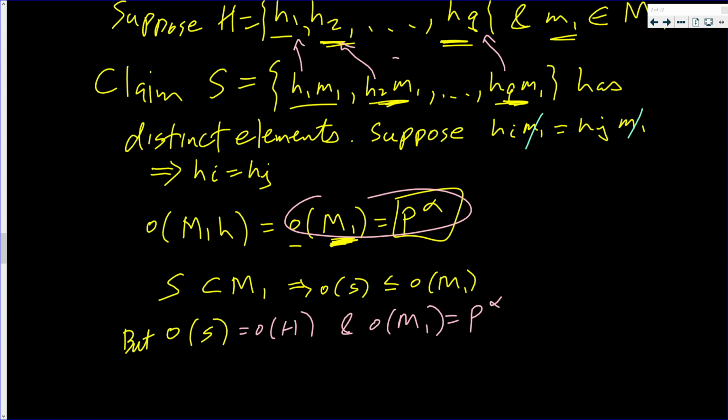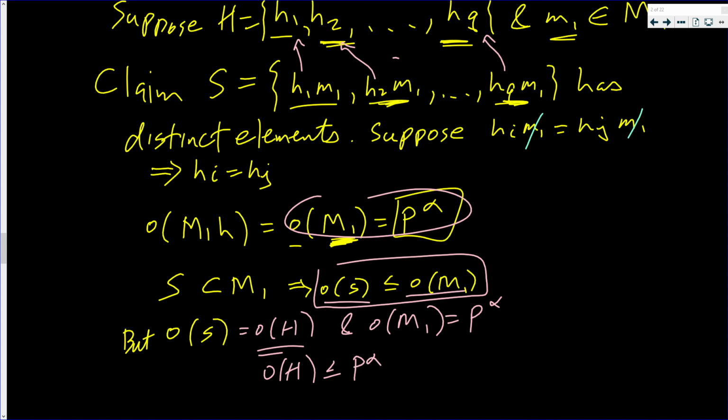So now updating this formula, we have the order of S, which is the order of H, is less than or equal to the order of M1. Ooh, that's p to the alpha. Let's call that double star.